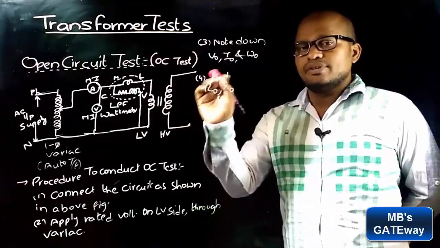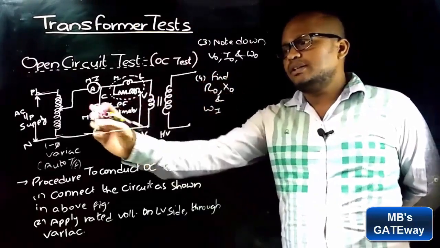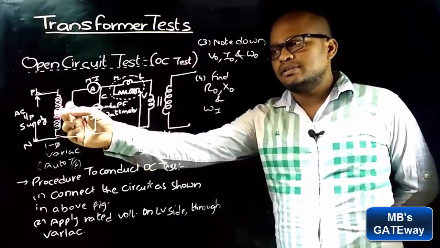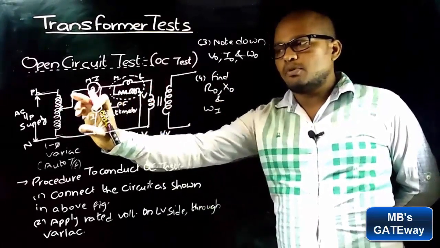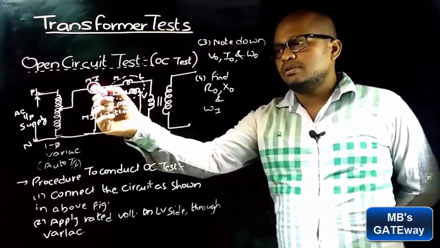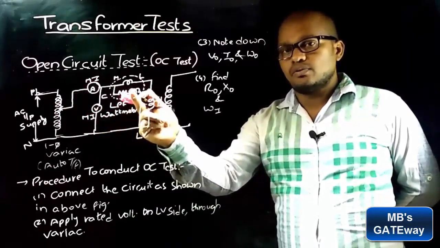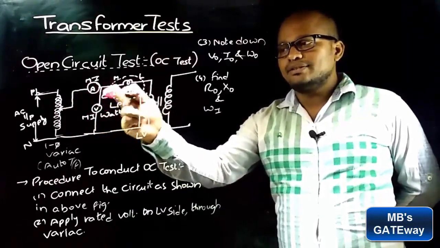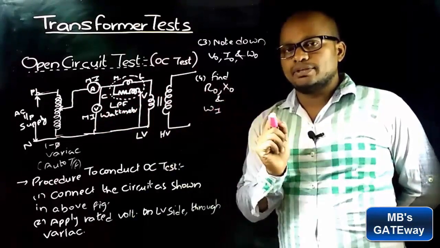The open circuit test is very simple to conduct. You just need to connect the circuit diagram like this, and by varying the variac, simply apply the rated LV voltage. Then upon applying the rated LV voltage, simply note down the ammeter reading, voltmeter reading and wattmeter reading. And by using these three values, find R0, X0 and Wi.